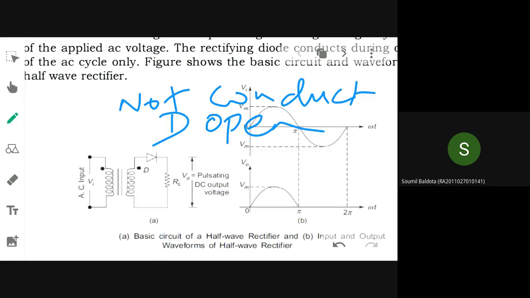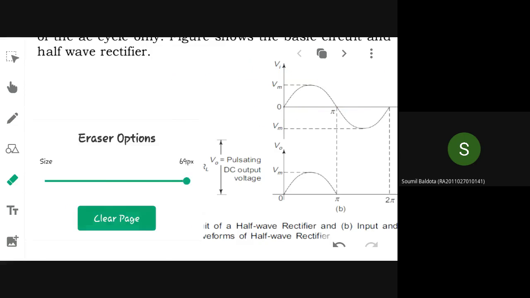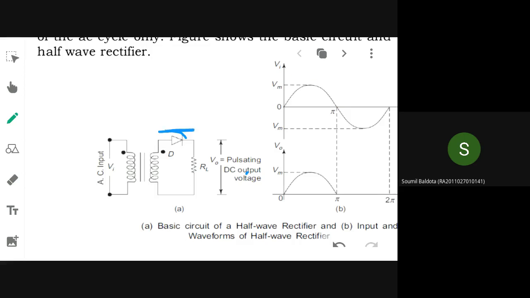The diode will be open. So in this circuit, the path here will be open circuit. The input and the output side will not be connected if the diode is open. So there will be no output in this period. Output is 0.